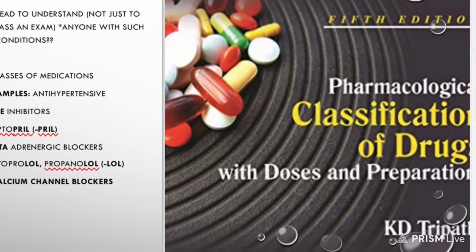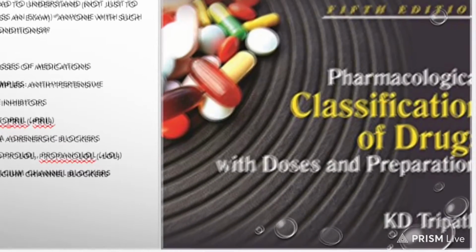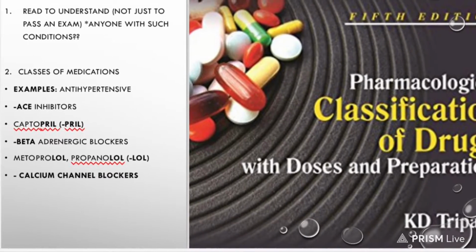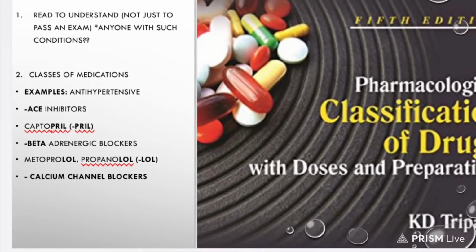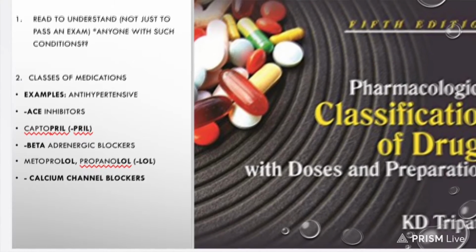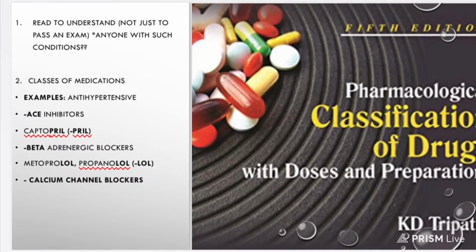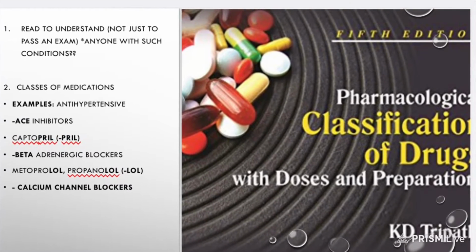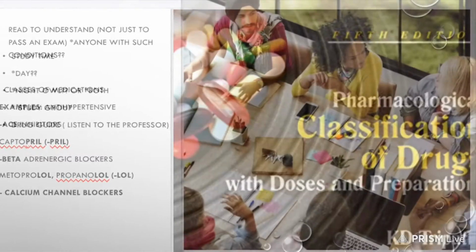Just to mention a few, this is something that you really want to know. So immediately you see any medication that you haven't even heard before, you check the last part, and immediately you see the pril, you know that, oh, this is an ACE inhibitor. So this is something that you can also pay attention to as you start studying.